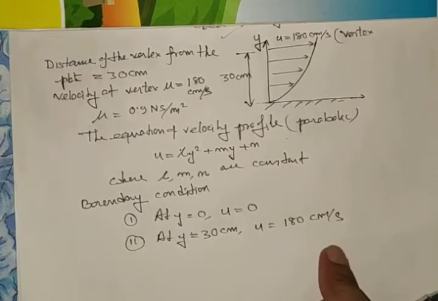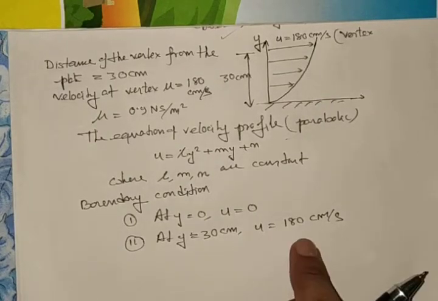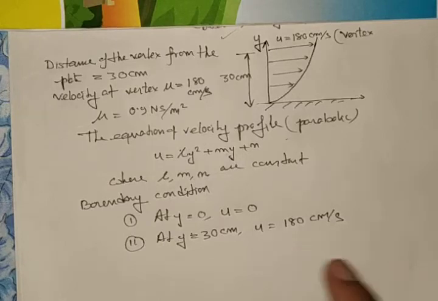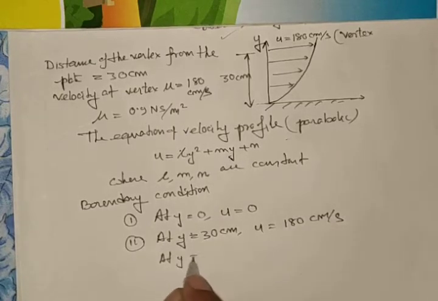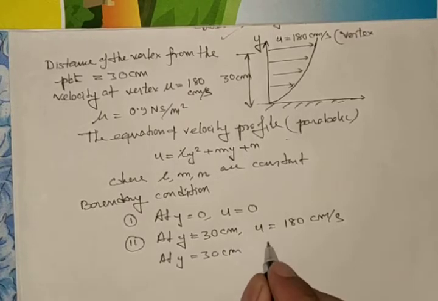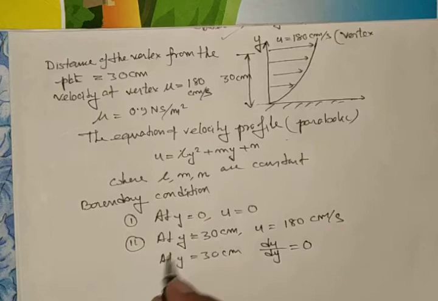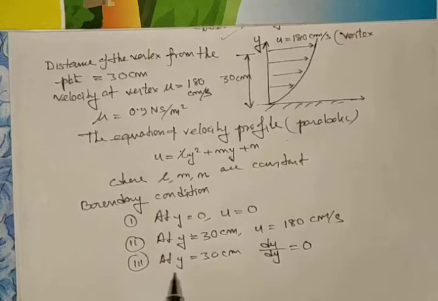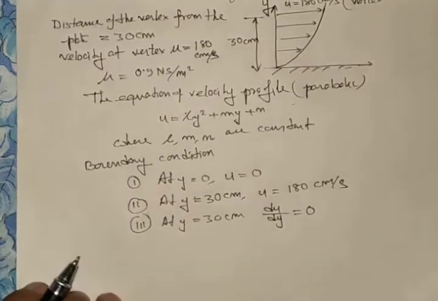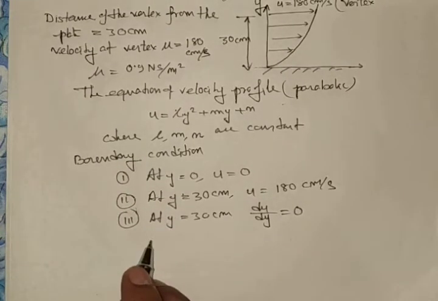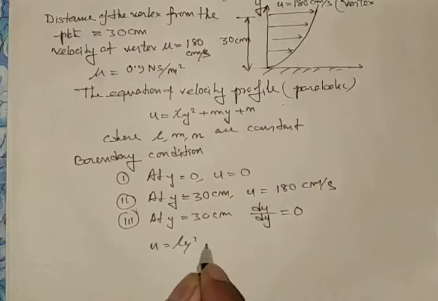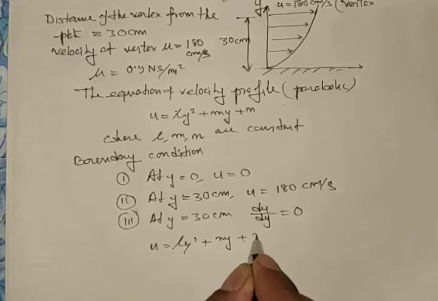Those are the given data. And number 3, at y is equal to 30 cm, du by dy will be 0. Now we substitute these boundary conditions in the equation u is equal to L y square plus m y plus n.